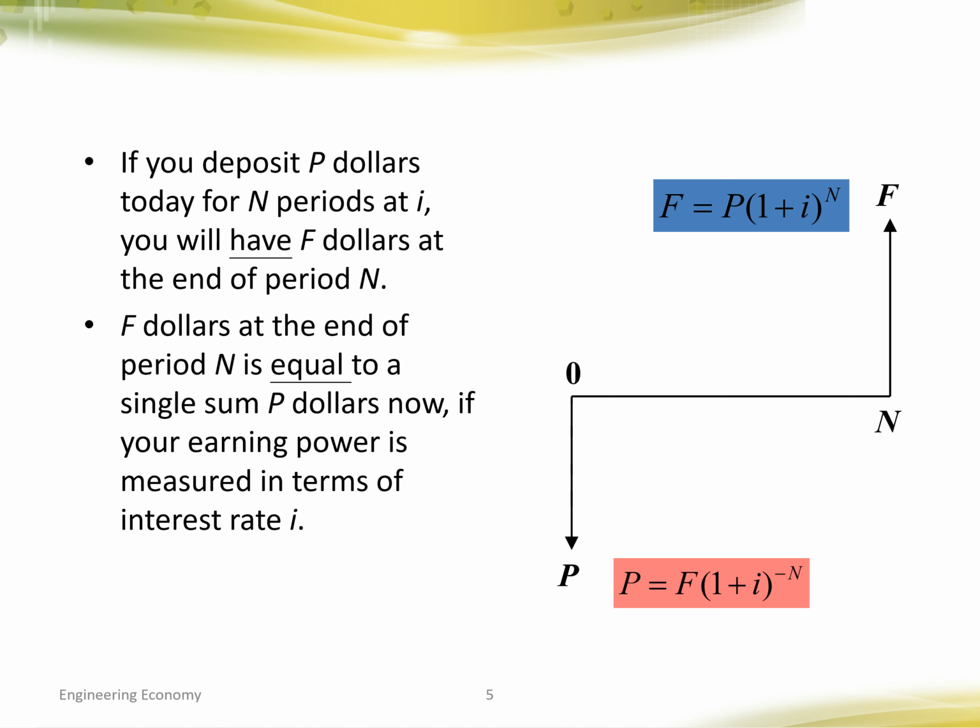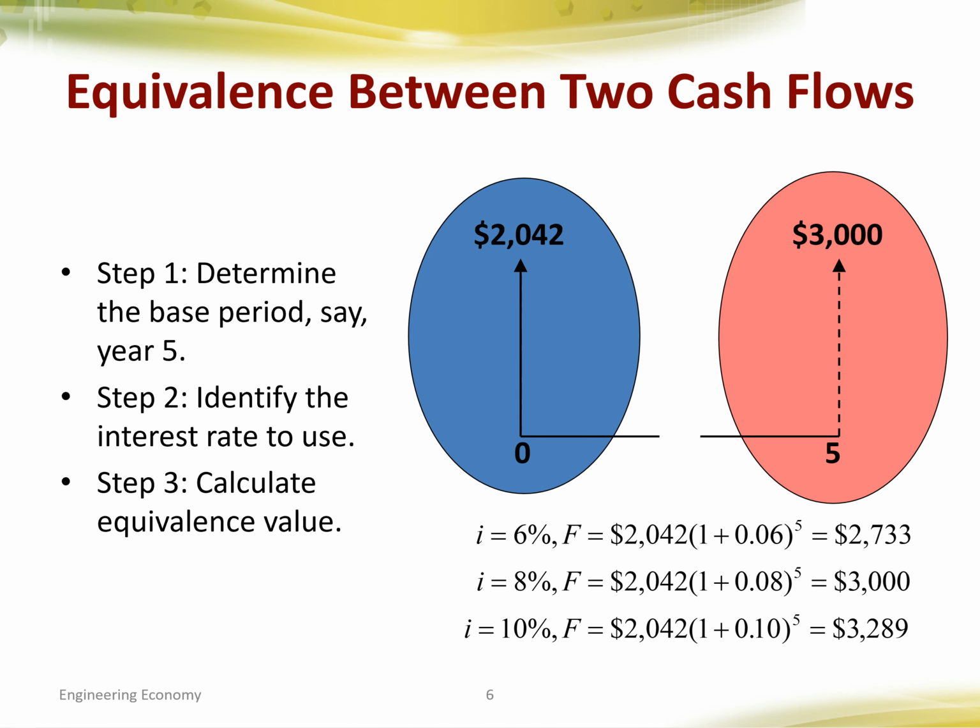So you have a sum F at the end of n, and you want to know its amount at time 0, which is the present. You just need to use F times (1 plus i) to the minus n power, then you can get the value P. So we have briefly described the conversion of two cash flows at different time points.